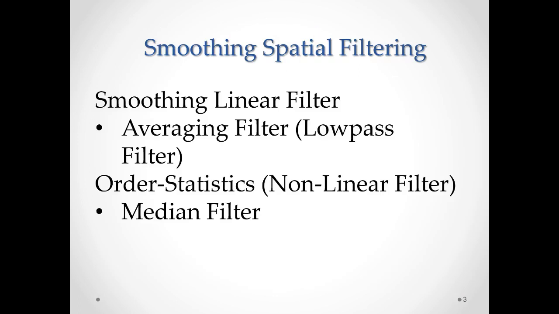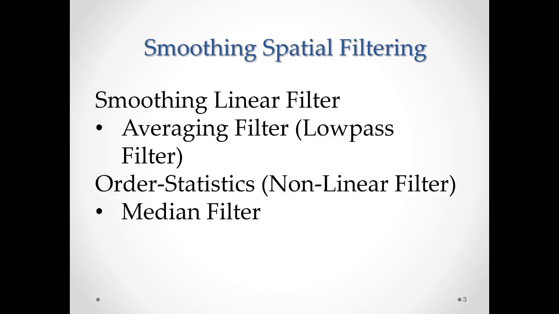Noise reduction can be accomplished with the help of blurring with linear or non-linear filters. Now let us see smoothing linear filters. The output of a smoothing filter using a linear spatial filter is simply the average of the pixels contained in the neighborhood of the filter mask.